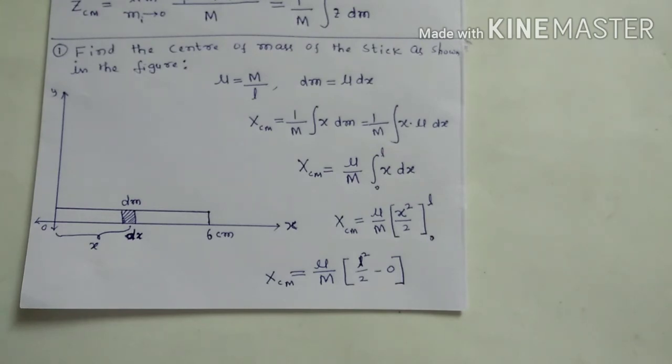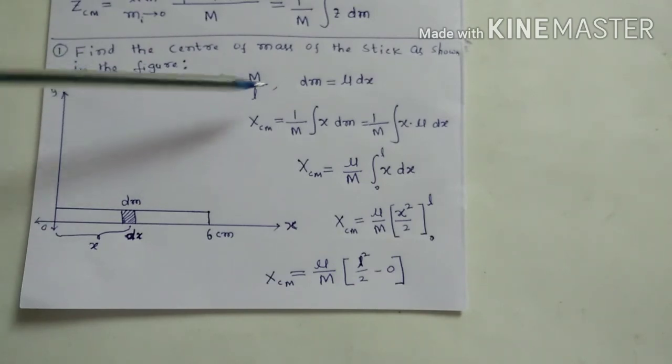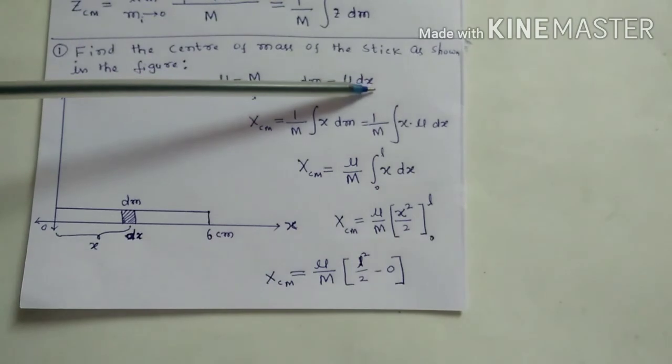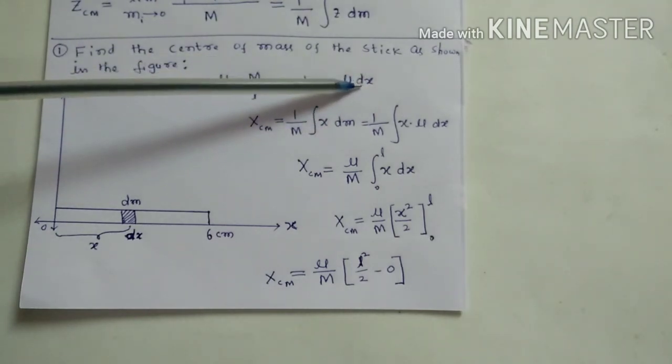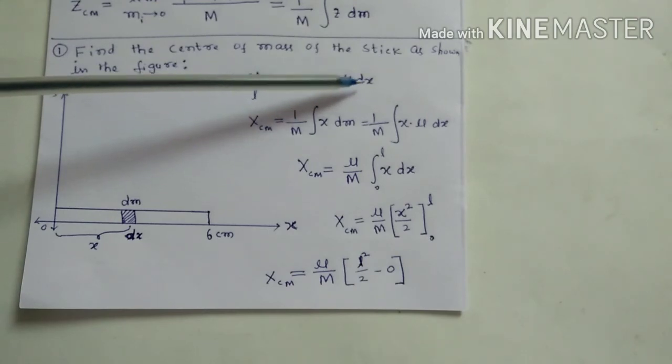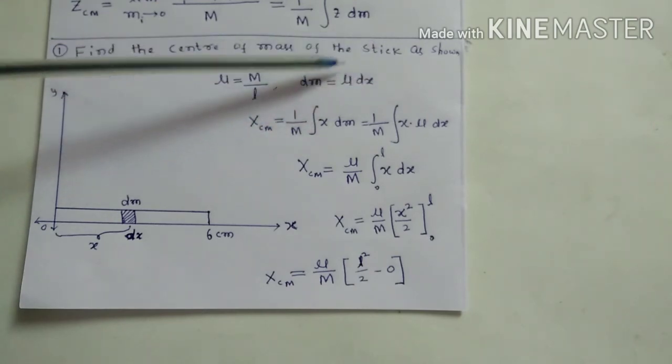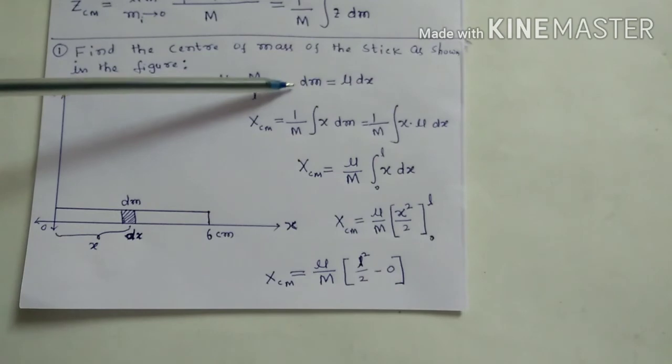Why do we want this? To find out what is the mass within this width, dx. Within this width, we should know what the mass is. So that is dm. dm equals mu into dx. Mu is mass per unit length, into length, that is dx. So together, it is a mass, that is dm.